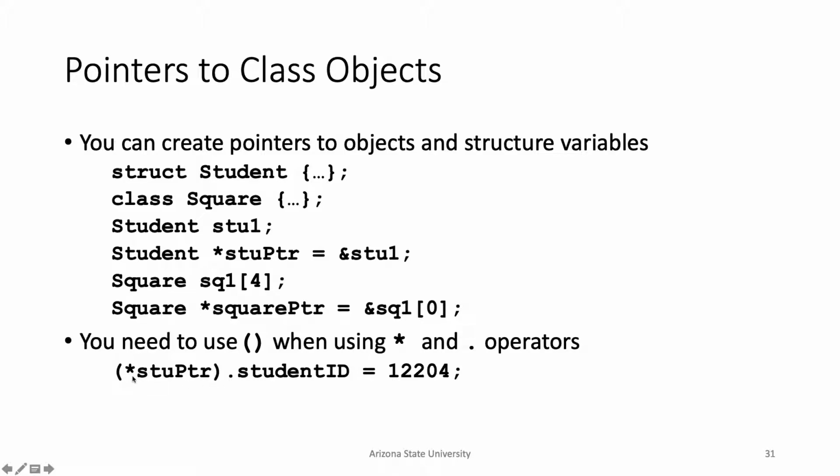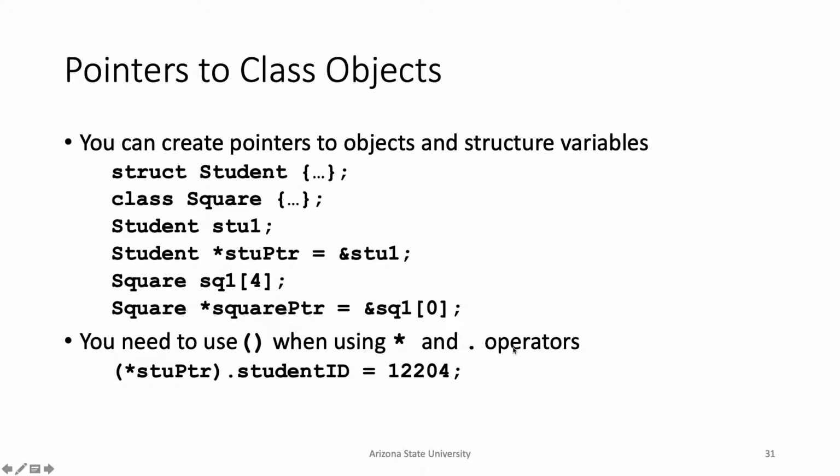Remember, if you use the star operator, I'm looking up the value corresponding to the pointer. So if I do star pointer here, then I can just use dot like we have been doing before. If I have a pointer to a vector, for example, then I can say star the vector name dot size, and I can look up the size of the vector that I'm pointing to that way.